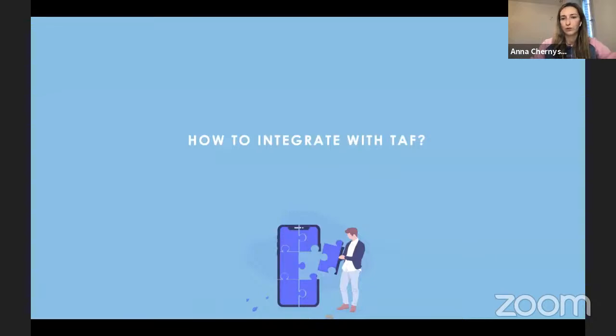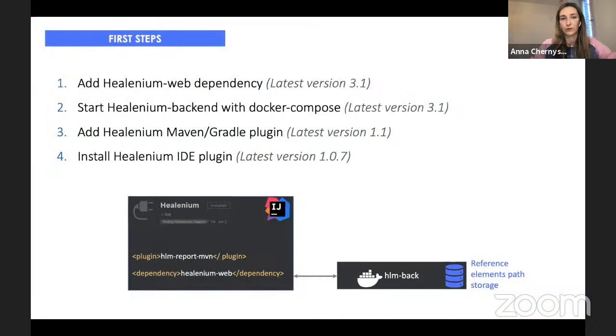A few steps on how to integrate with a test automation framework. First of all, you need to add the Helenium dependency. The latest version is 3.1. Then start the Helenium backend with Docker Compose. We have the default configurations in our GitHub, so I will show it a little bit later.